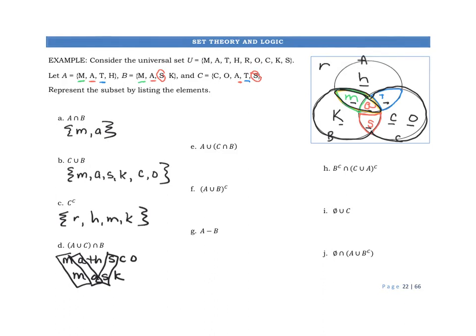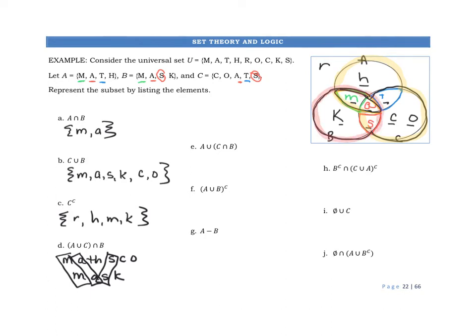Okay, so if you'll look at that too on our Venn diagram, if we're looking for A union C, that's this region right here. All the elements are right here. And then if we're looking at set B, we're looking at this.